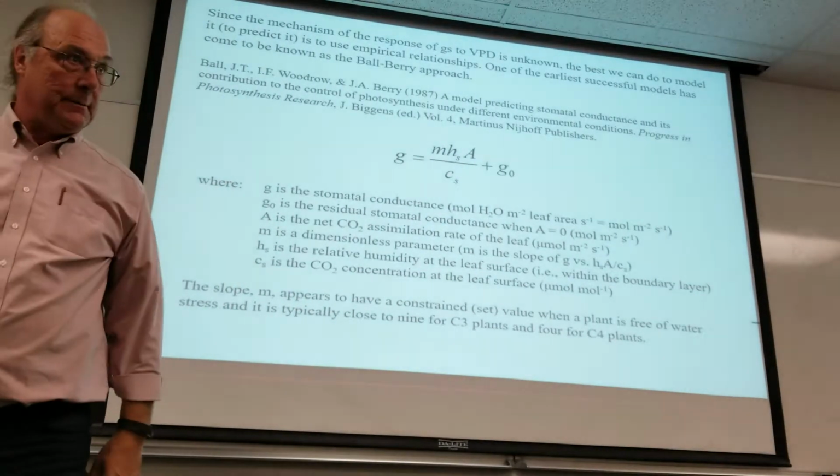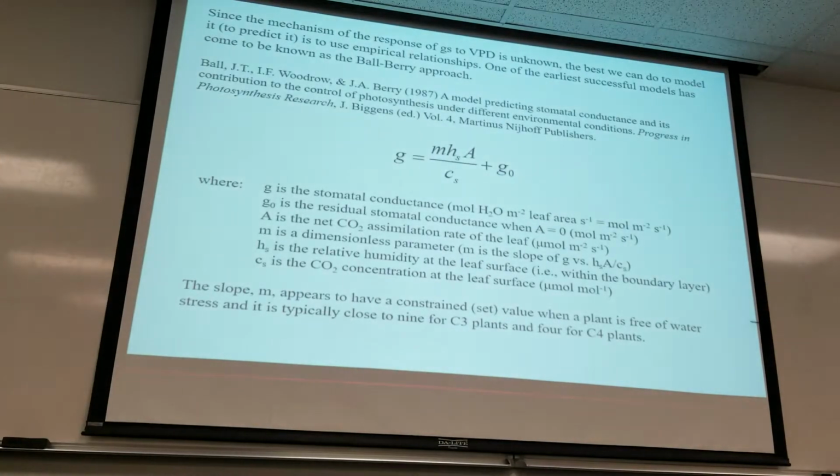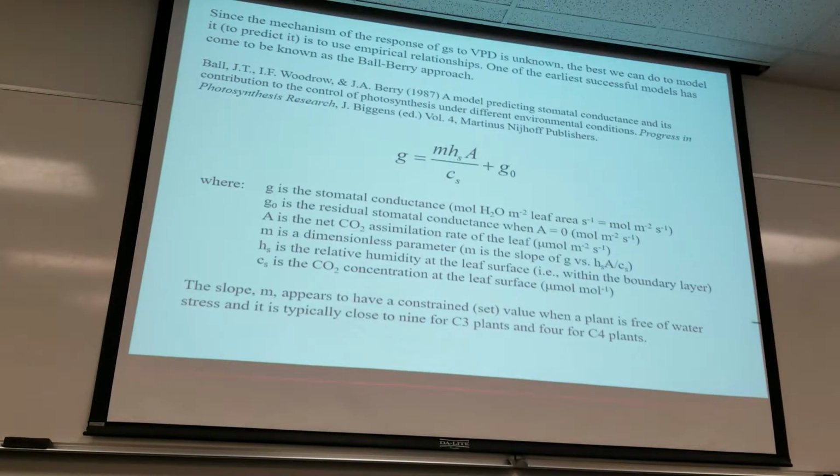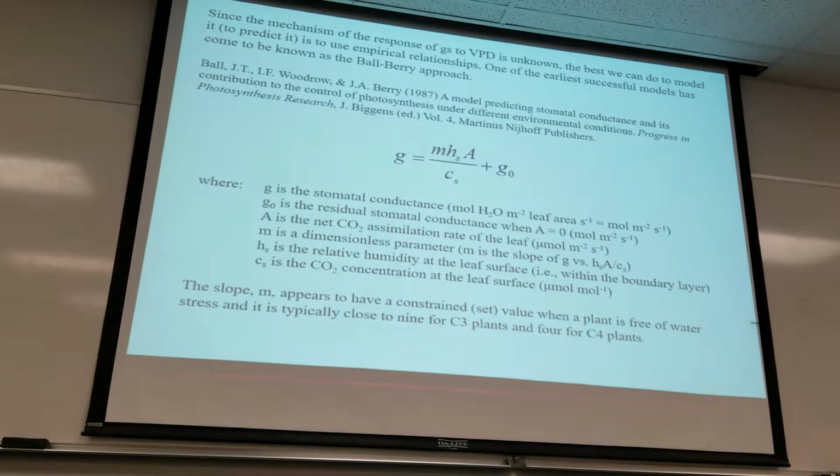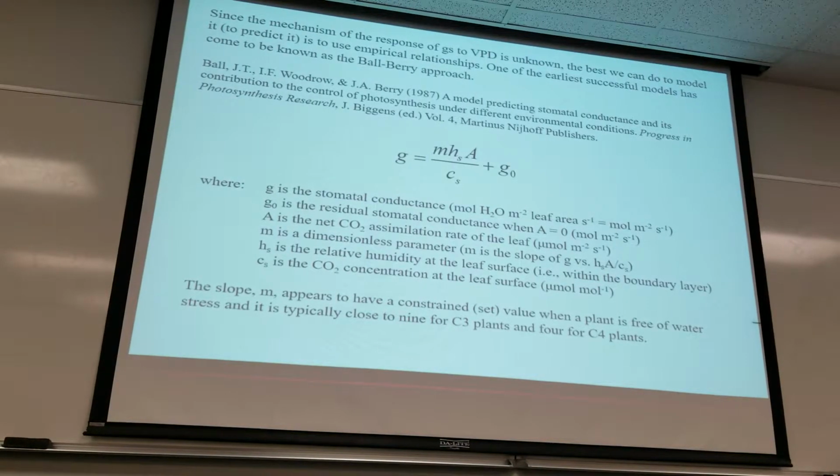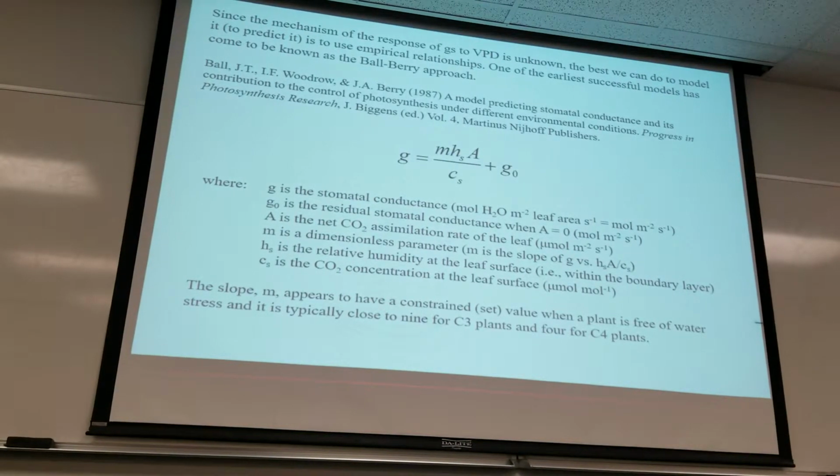Why do we have to predict stomatal conductance? Well, if we're interested in yield, let's say we want to know something about water stress effect on yield. We can model the crop canopy and come up with the environmental conditions that are appropriate for that canopy. What's their effect on stomatal conductance?